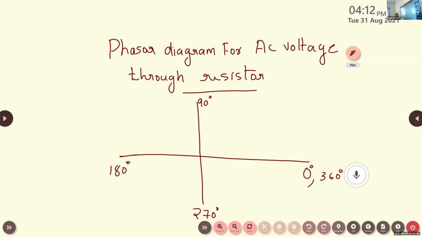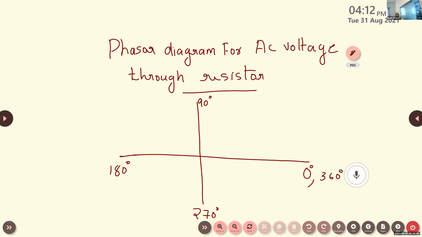In all the cases, that is in the case of resistor, inductor or capacitor, the phasor diagram is drawn like this. We draw a coordinate-like axis system with 0 degree, 90 degree, 180 degree, 270 degree and 360 degree. And as we told earlier, phasor is a vector that rotates about the origin.